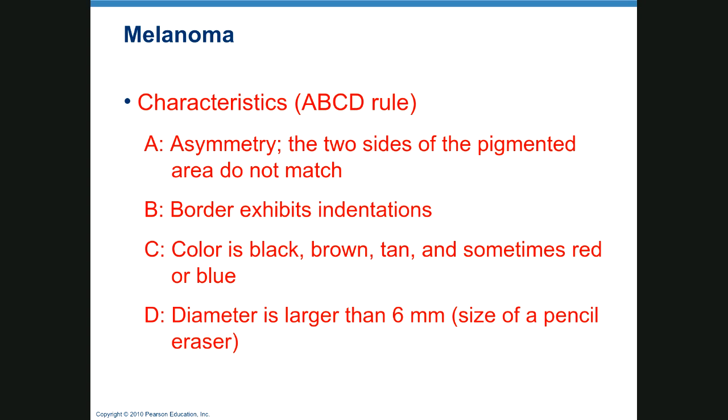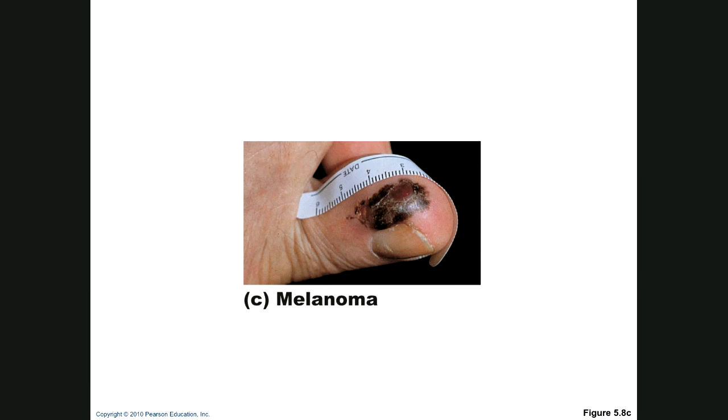What does the melanoma look like on the skin? To identify it, dermatologists have created what they call the ABCD rule. And the ABCD rule describes the melanoma lesion right here.